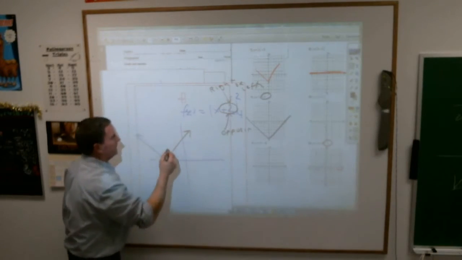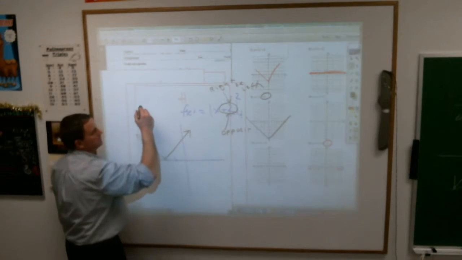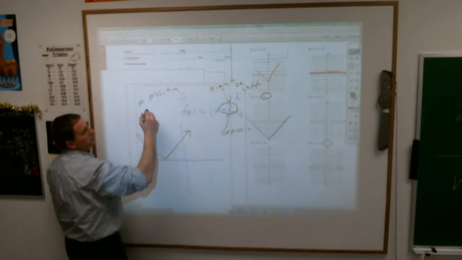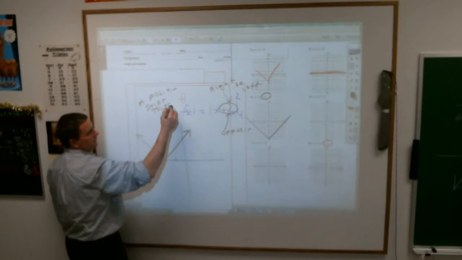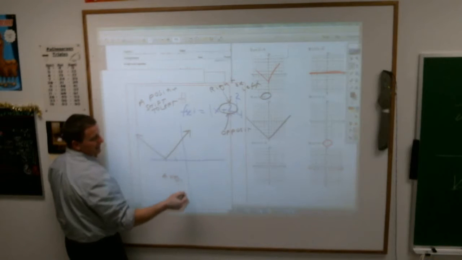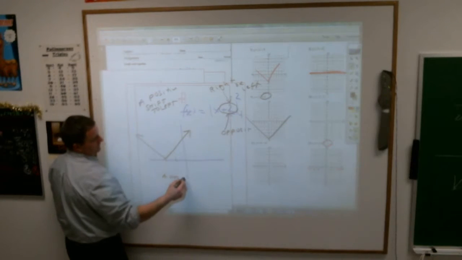And write this down: a positive number means you shift it to the left, and a negative number inside the absolute value sign means you shift it to the right.